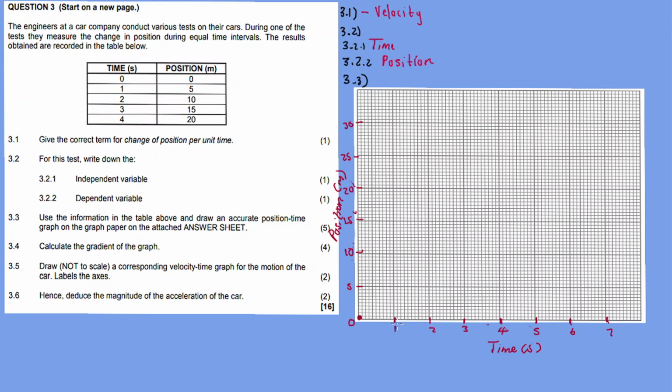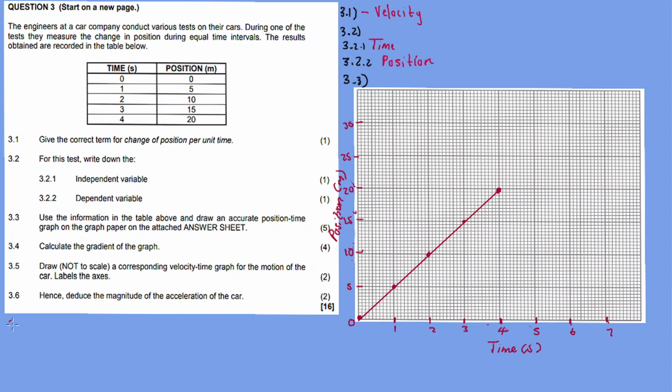Then the point 1 and 5, then 2 and 10, 3 and 15, and 4 and 20. These are the points. Then you connect these points to get a straight line graph. Here we go. This is worth 3 marks.